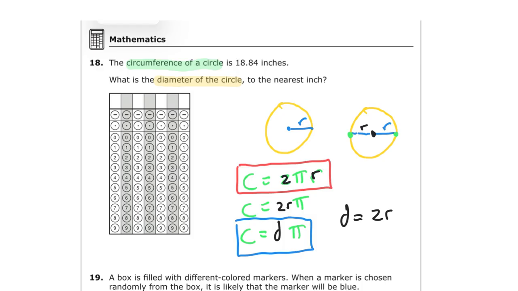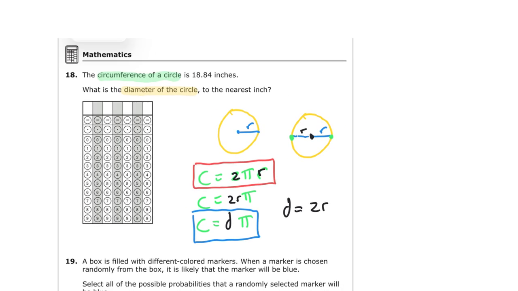Now, let's remind ourselves of what we're even doing. They say the circumference of a circle is that. What's the diameter of that circle? Well, I feel like the blue box version of the circumference formula would be more helpful to us because it already features the diameter.